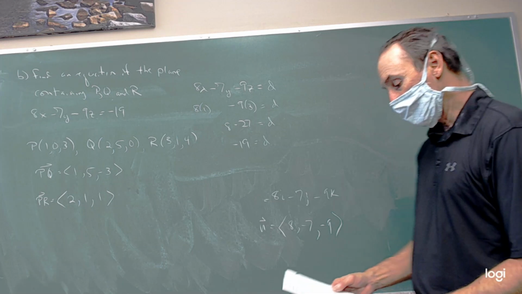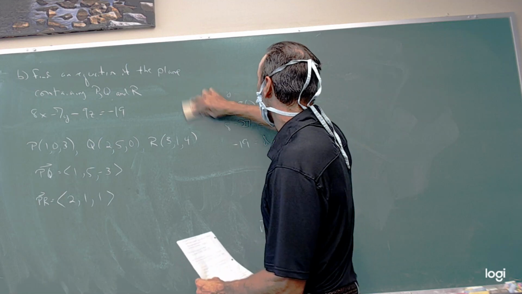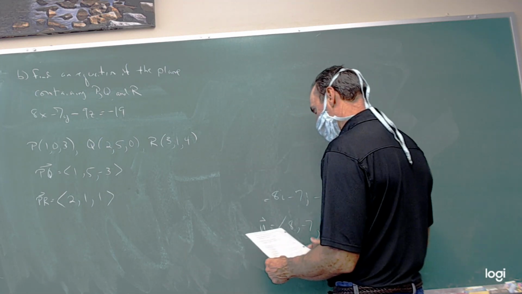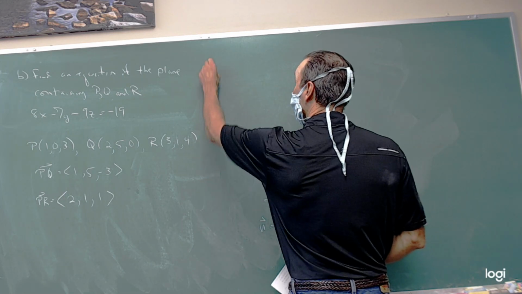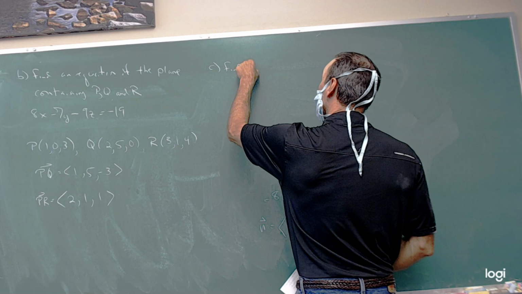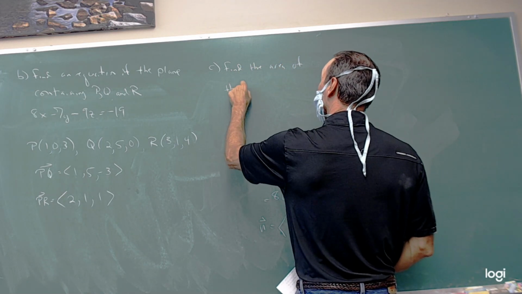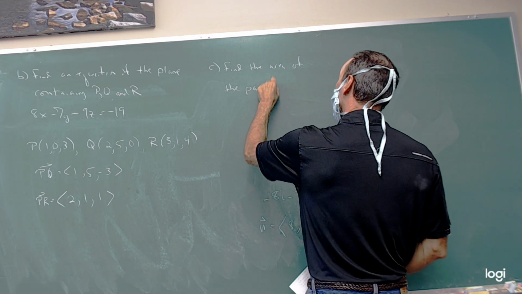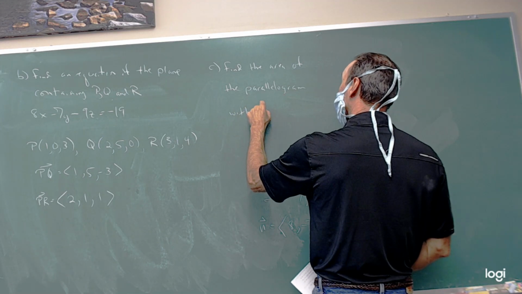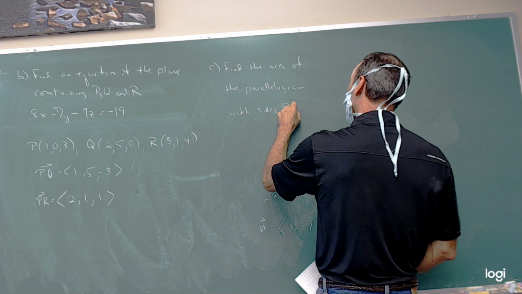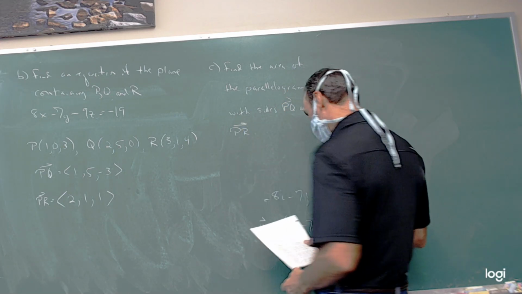Okay, find the area of the parallelogram with sides PQ and PR.